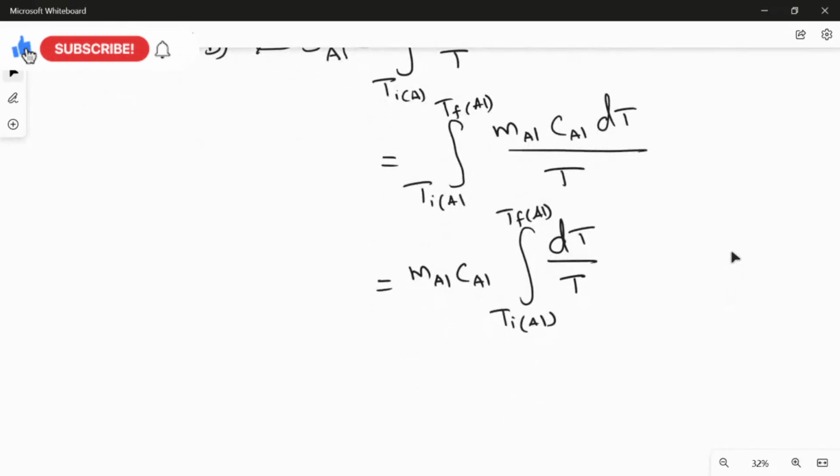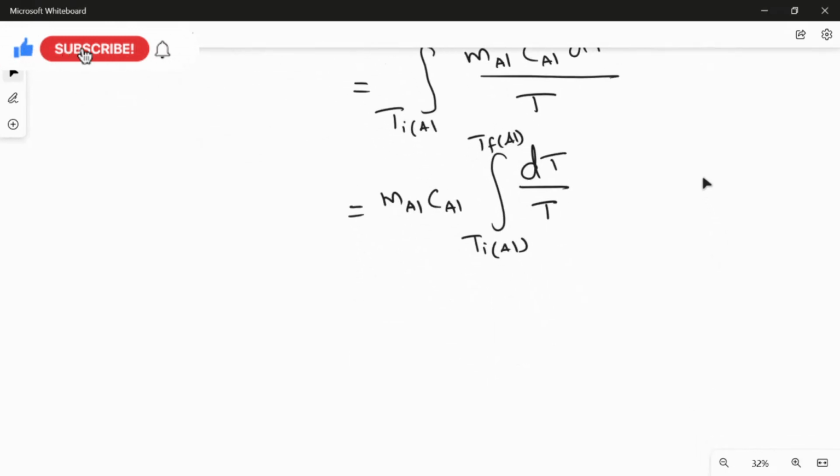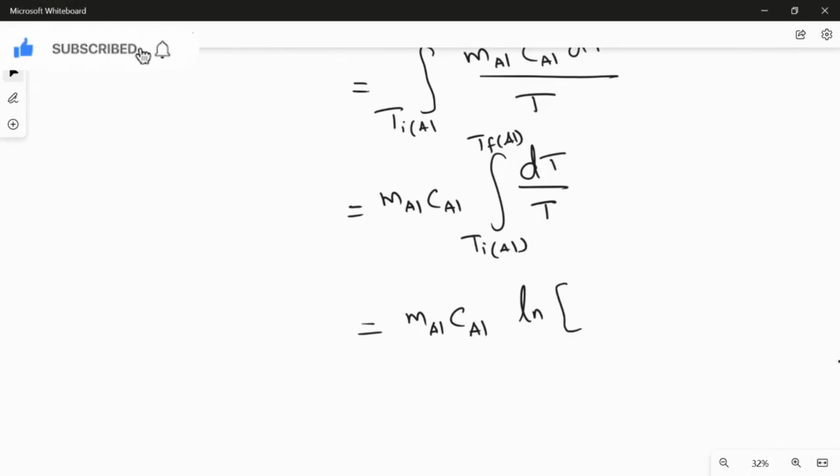In calculus, you studied the concept of integration. The integration of dT over T gives the natural log of T, right? So the mass of the aluminum multiplied by the specific heat of aluminum, when you take the integration, becomes the natural log of T final of aluminum over T initial of aluminum, after applying the upper and lower limits.